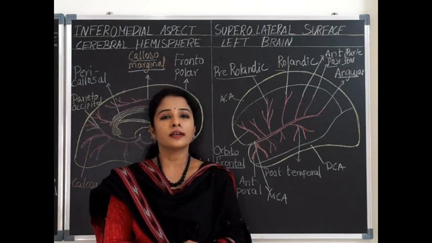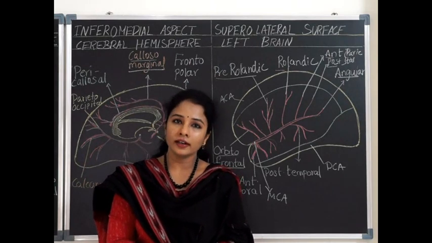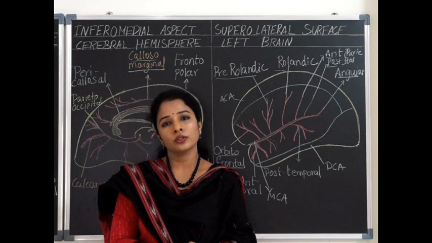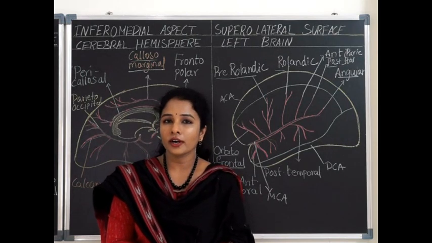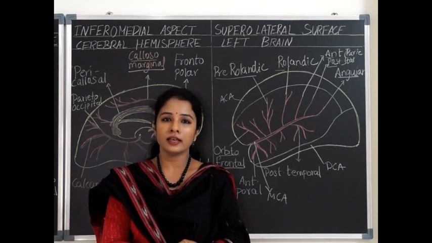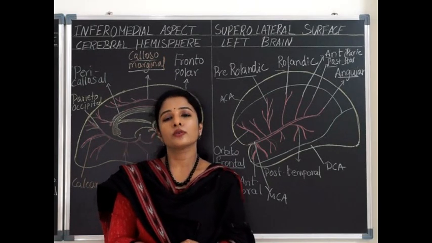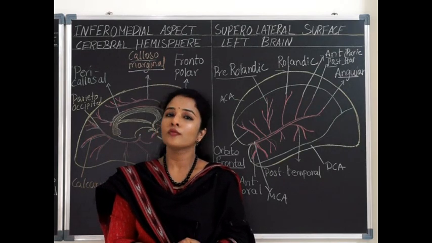Anterior choroidal is the direct branch of internal carotid artery, which enters the lateral ventricle at the inferior horn, and posterior choroidal artery is a branch of posterior cerebral artery. So posterior choroidal artery forms the choroid plexus of fourth ventricle.